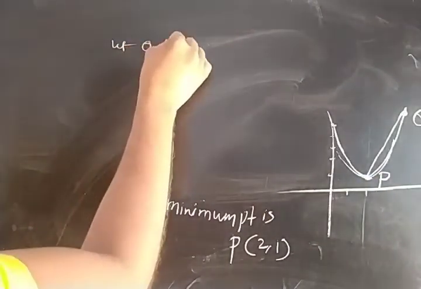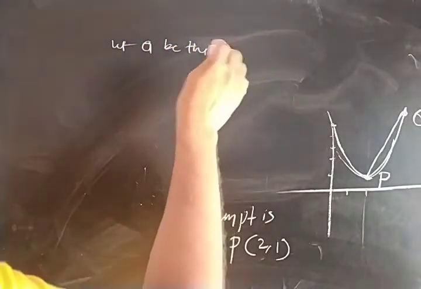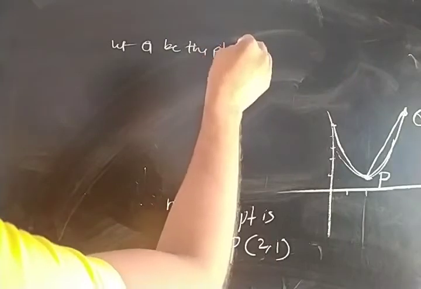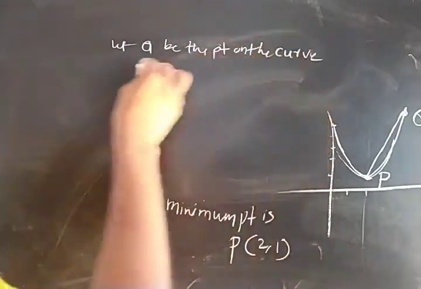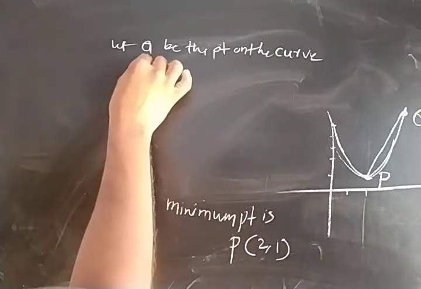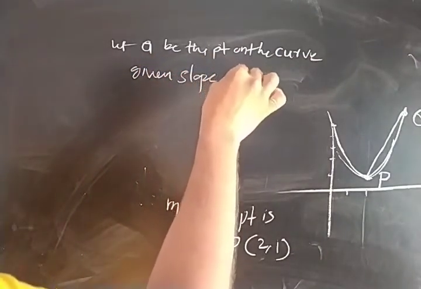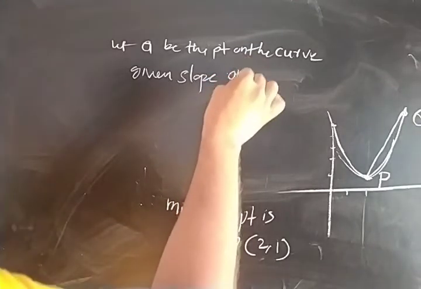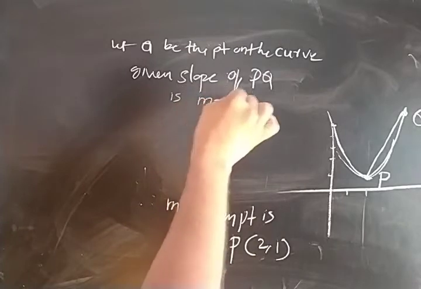Let Q be a point on the curve, and given slope m, the slope of PQ is m equal to 2.